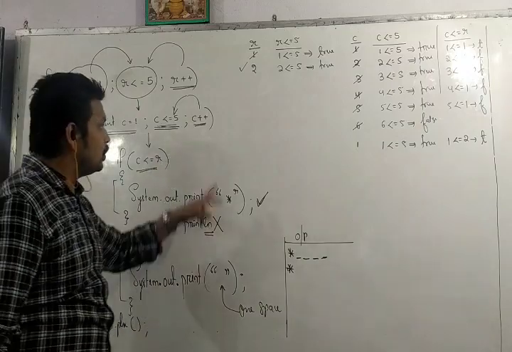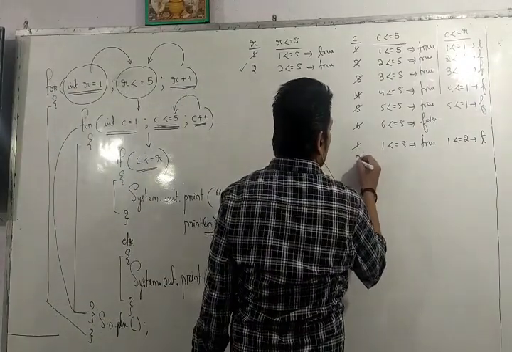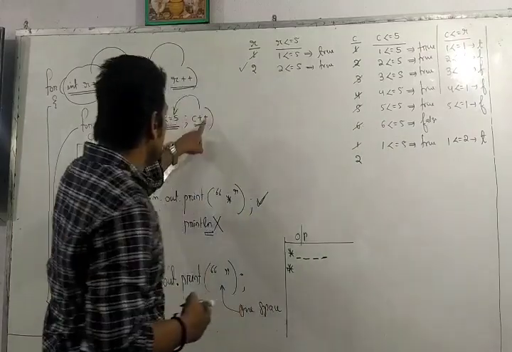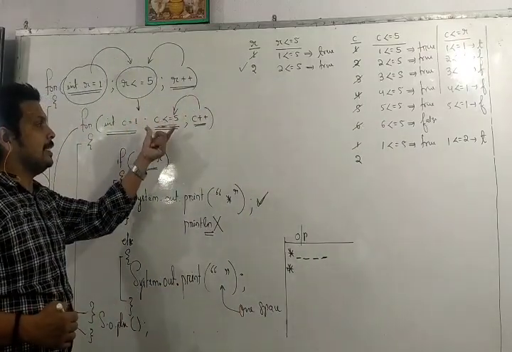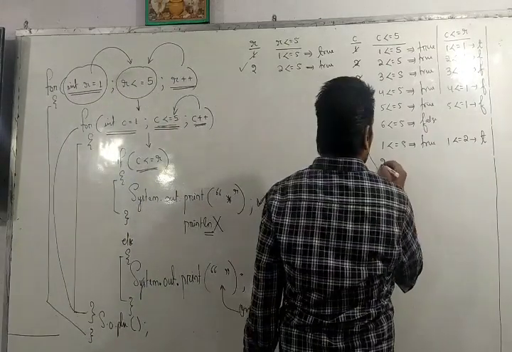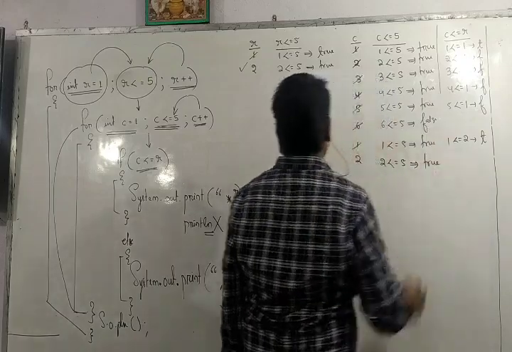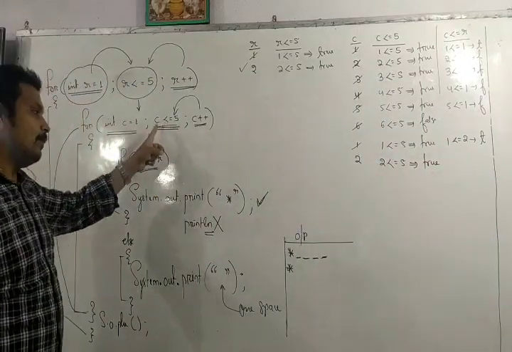Then the control will go to the updation expression of the inner for loop, that is C++, and the value of C will become 2. Then again it will go to the testing expression of the inner for loop, C less than or equal to 5. What is C? 2. 2 is less than or equal to 5. Yes, true.